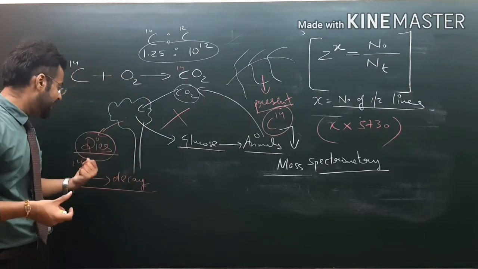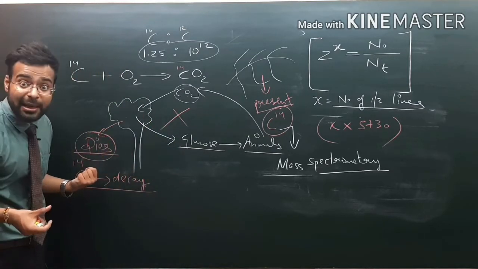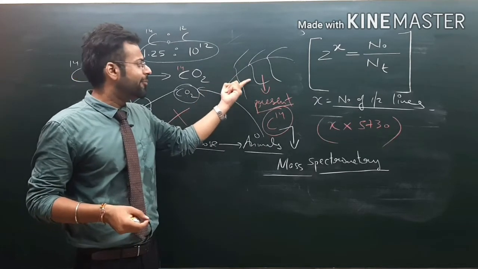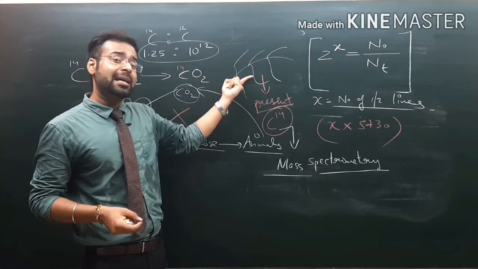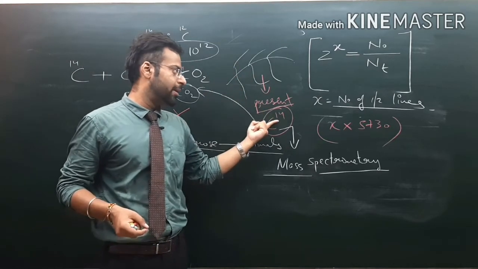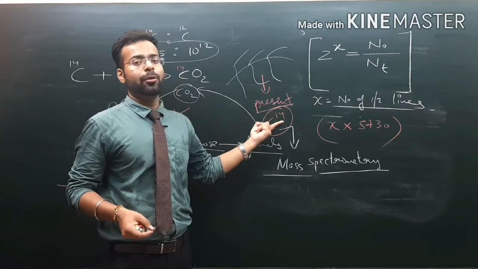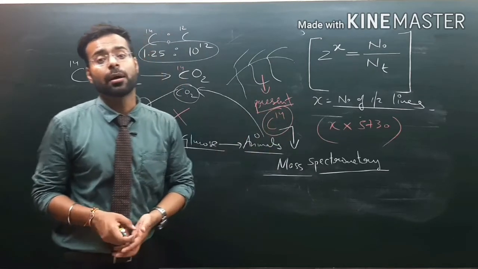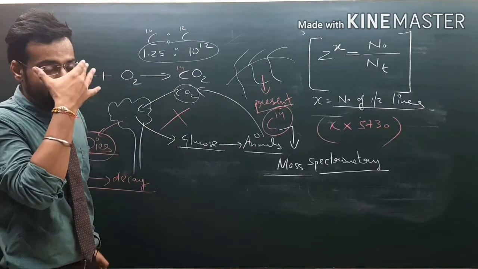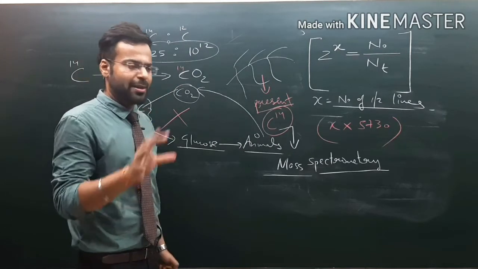And we know that it only decays when it dies. So we can say how many years ago this fossil, this leaf or whatever we get was alive, just by looking at the present carbon 14 amount. And by carbon 14, because that's the one which is radioactive. So that's what the whole carbon dating thing is all about. Very simple, very much simple.